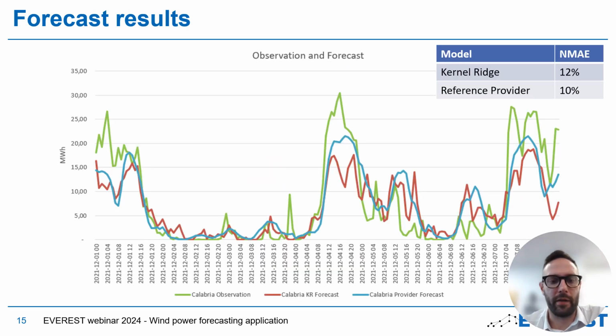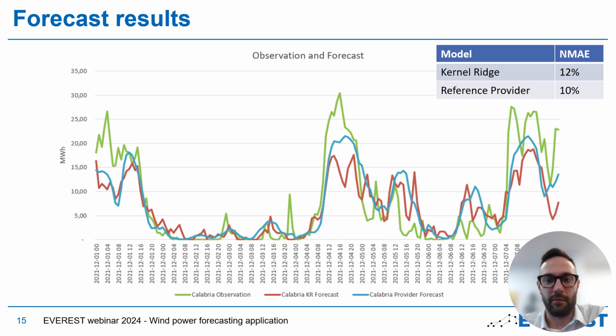Okay, now we are talking about the results. This is a snapshot of a backtested week for the Calabria wind farm. You can see in green the curve of the hourly generation, in red the kernel ridge forecast produced by the application, and finally in blue the provider forecast, which is, as we also said before, the benchmark identified as a market leader.